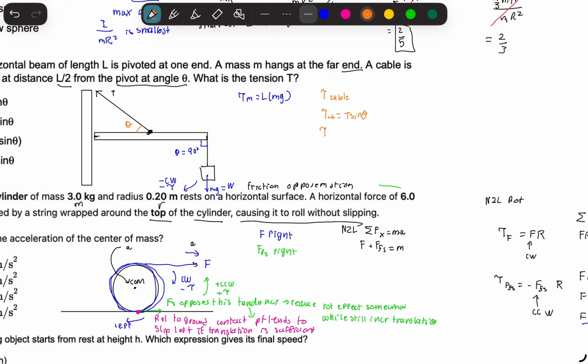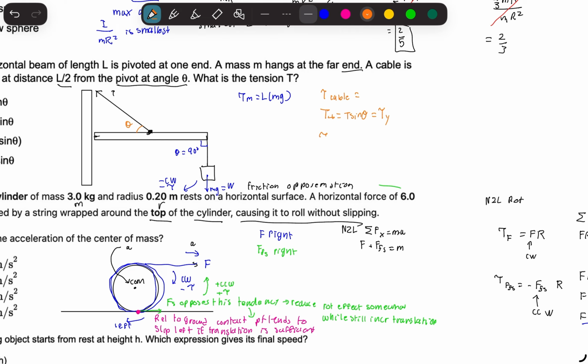The tension that's perpendicular is equal to T sine of theta if you break it into components, aka the Ty.